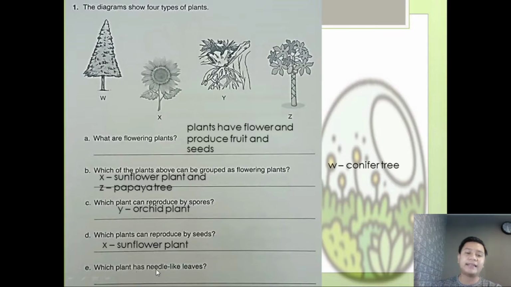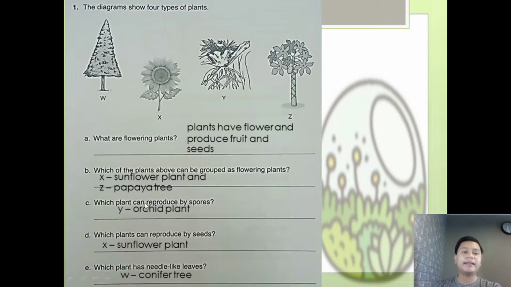Which plant has needle-like leaves? As I told you earlier, the example is the conifer tree. So again, let us read. The flowering plants are plants that have flowers and produce fruit and seeds. The flowering plants are the sunflower plant and the papaya tree.